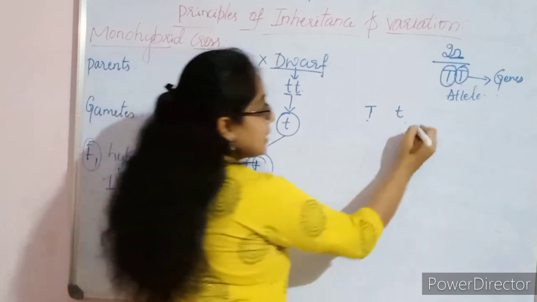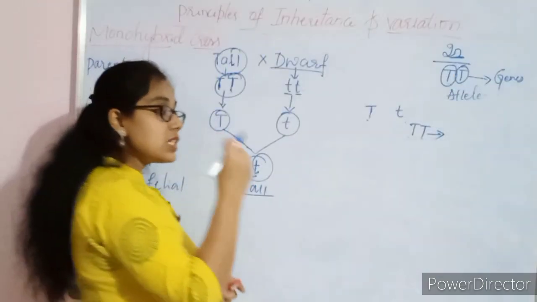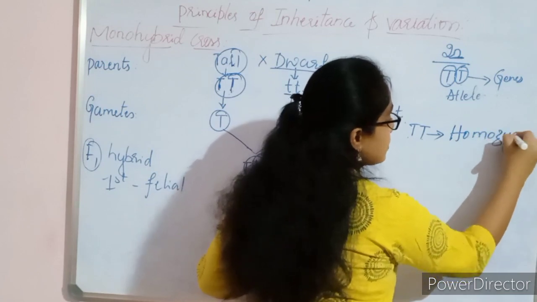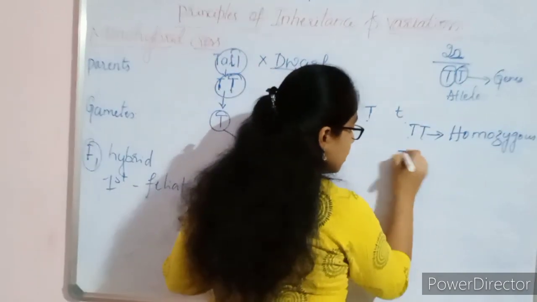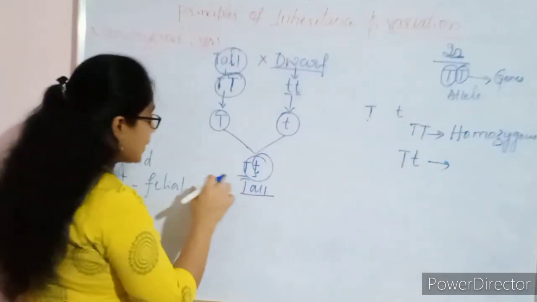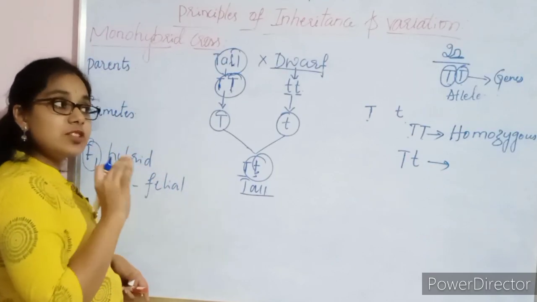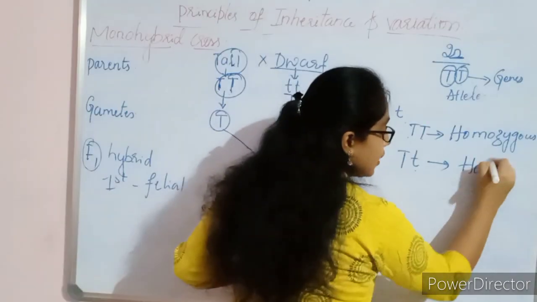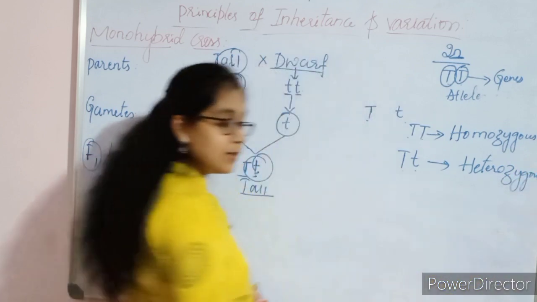See here, in capital T and capital T, the 2 alleles are similar. Yes or no? So such a condition is called homozygous condition. Understood? Here capital T and small t are written, but still it is expressing the tall character. Correct? See, these are two different alleles, so it is heterozygous condition.